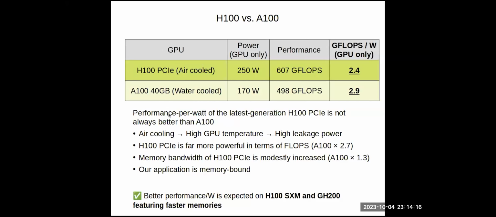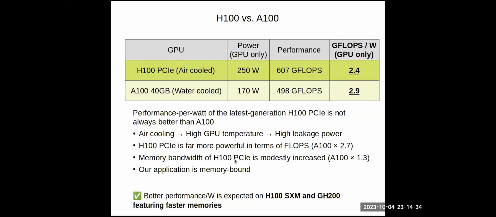One reason is that the H100 we use is air-cooled, so the GPU temperature is higher, so the leakage power is also higher. However, even if this H100 was water-cooled, I think that the performance per watt is almost the same.